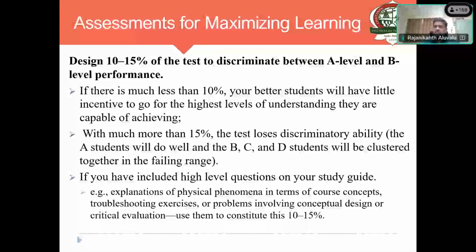To overcome this difficulty, there is a teaching mechanism we call differentiated learning. That mechanism again speaks the same. So here, in maximizing learning, try to keep 10 to 15% of the questions discriminated for higher level students. This is another aspect that needs to be practiced.